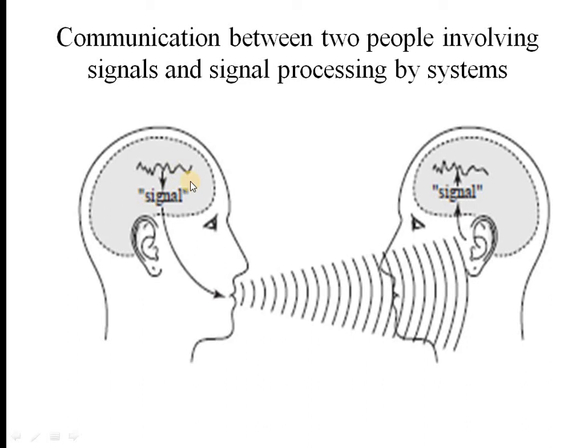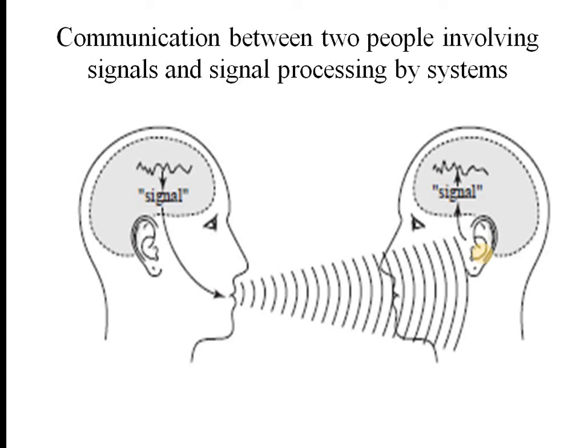Then his brain sends nerve impulses to his vocal cords, and his diaphragm creates some air movement and vibration, and the tongue and the lip movements of the speaker produce the sound of the word signal. This sound then propagates through the air between the speaker and the listener, and the sound strikes the listener's eardrum.